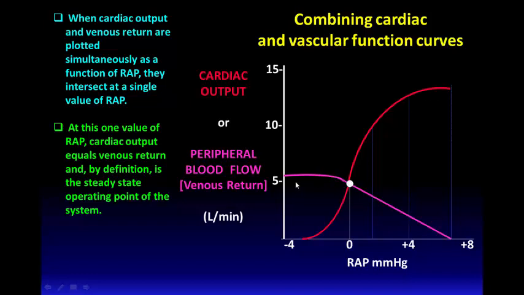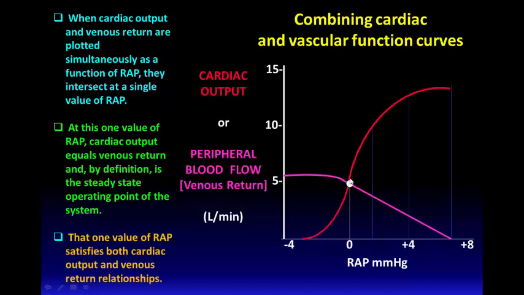Both are 5 liters per minute, and by definition this value of the right atrial pressure is the steady state operating point of the system. That one value of the right atrial pressure satisfies both the cardiac output and venous return relationships.